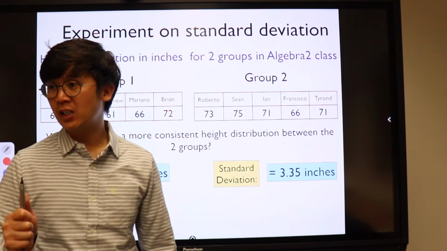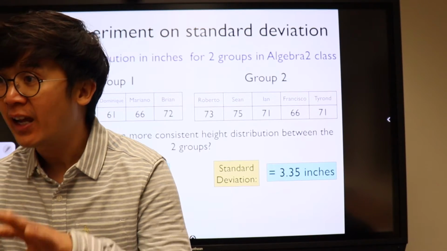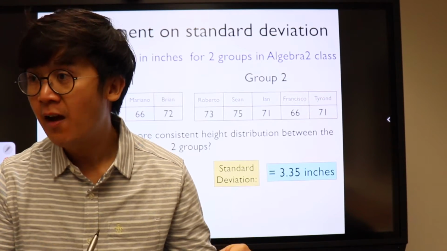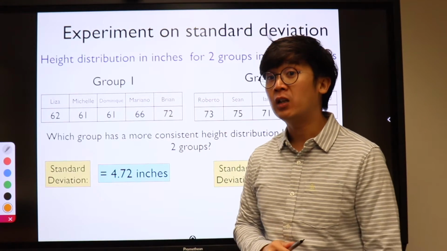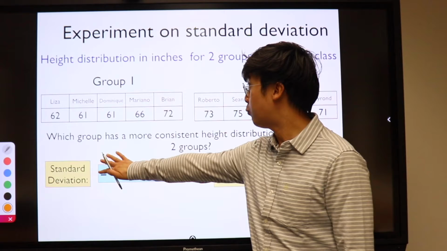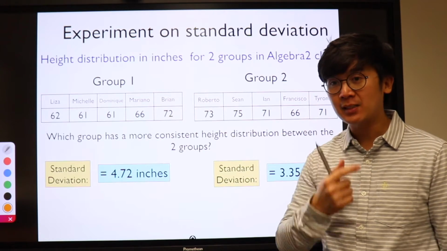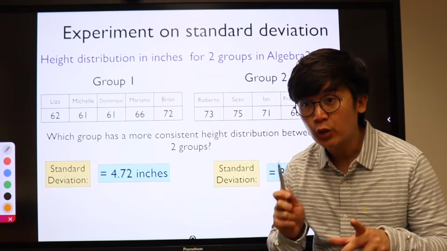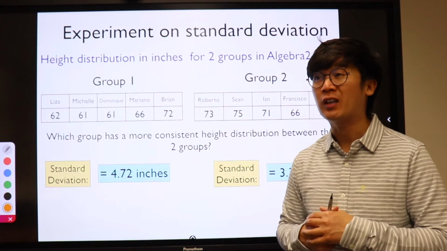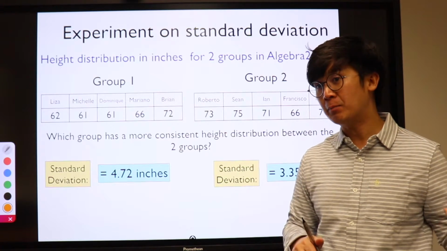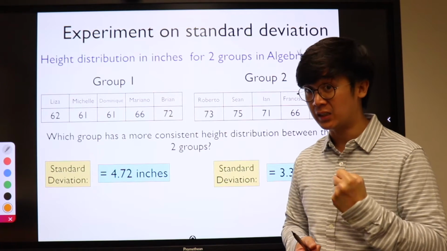Now, the definition of the standard deviation is the average differences of each of the data from your group of data. Which one has a smaller standard deviation, group 1 or group 2? Group 2. And in mathematics, the lower your standard deviation is, the more consistent, or the less variable, your data is.